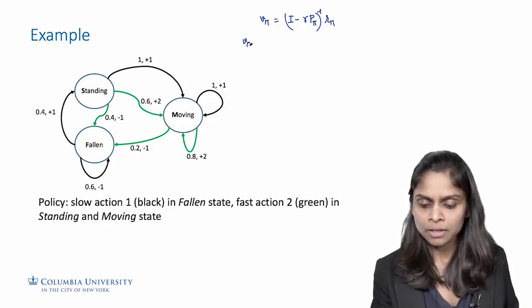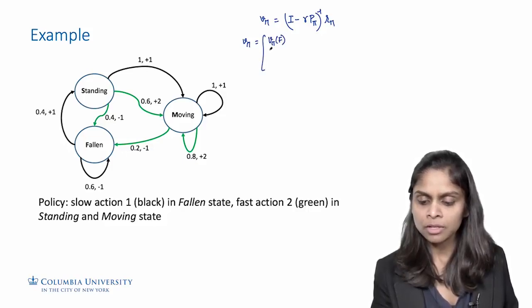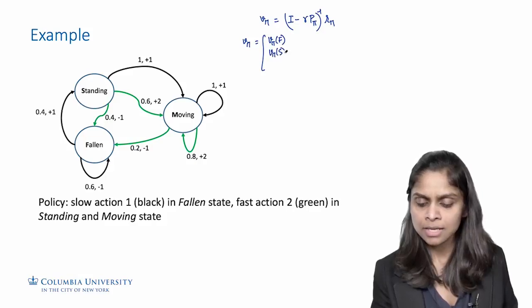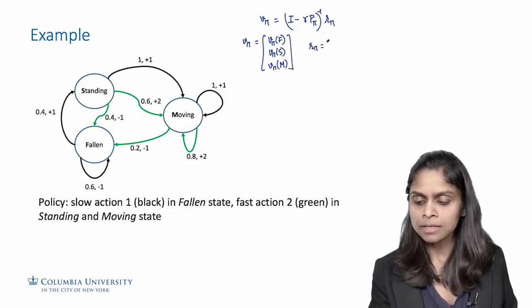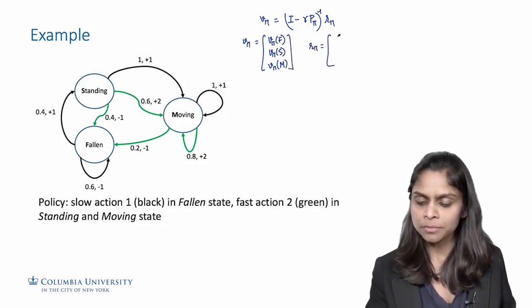So here V pi is the vector of all value functions: V pi in the fallen state, V pi in the standing state, and V pi in the moving state. R pi is the vector of expected immediate rewards.